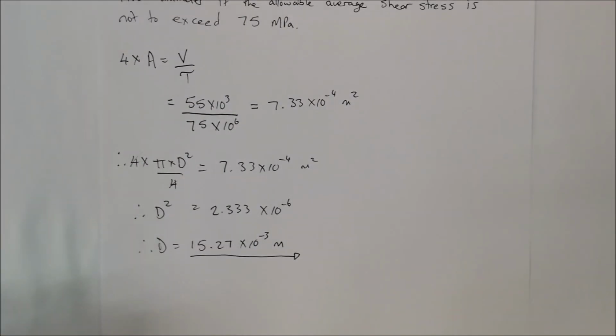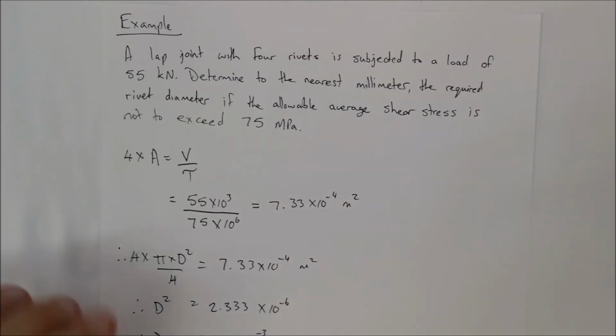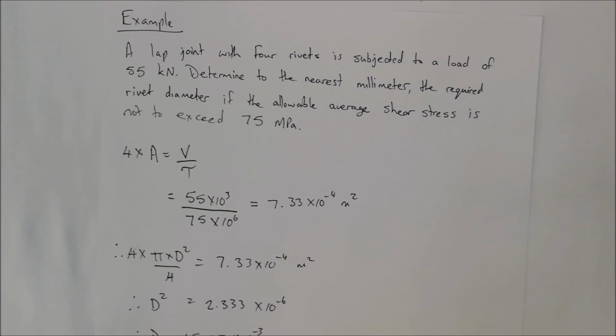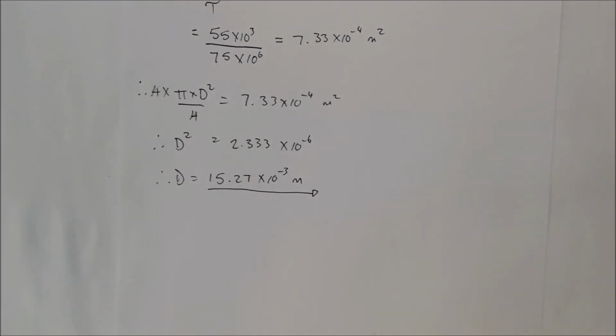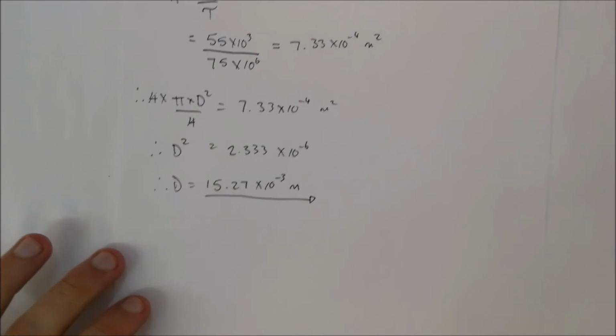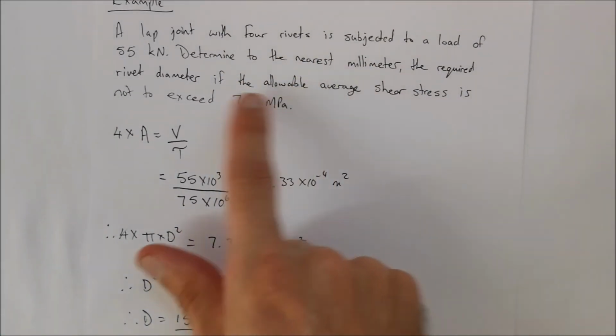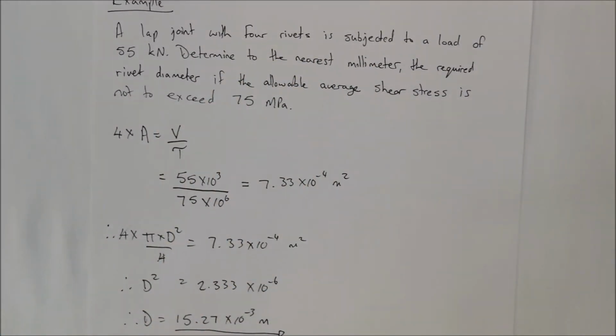Okay, the question is asking you to determine to the nearest millimeter the required rivet diameter. Now the problem is you can't just say, well, I'm going to say 15 millimeters, because if you use 15 millimeters, it means that this system will fail for the stresses that we are looking at.